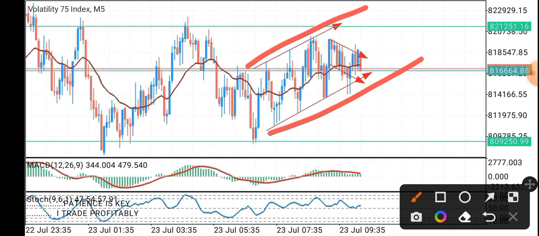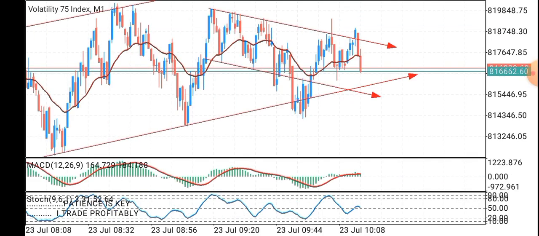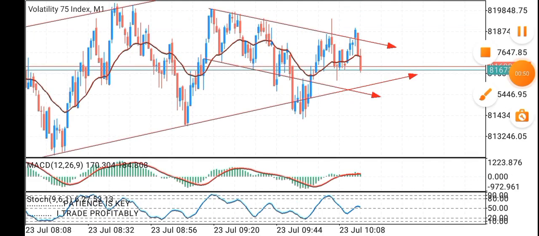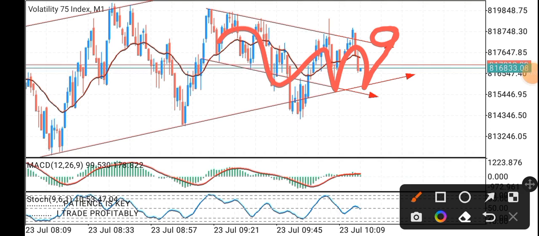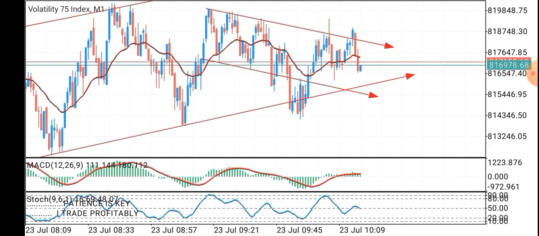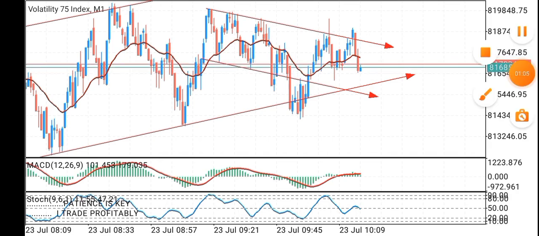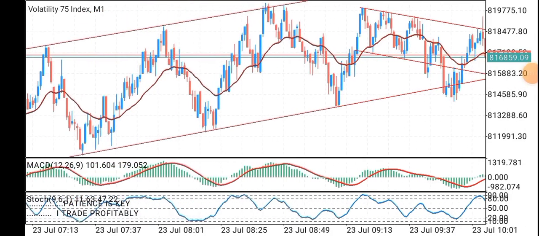So we'll be looking for buy opportunities, not sell. I will be patient to allow price to clearly break out of this flag, this channel, before I buy. You understand? So that is basically how you use this strategy.